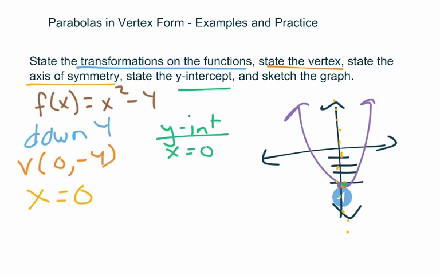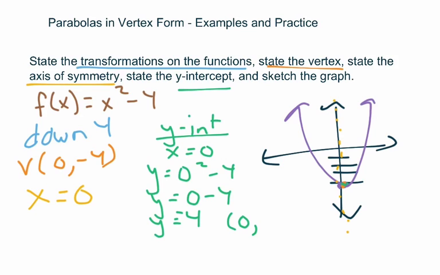The y-intercept, where the parabola is crossing the y-axis, and the vertex are the same point. So you can do this where you plug in the 0 for x, and you do 0 squared is 0, and 0 minus 4 is -4. So when x is 0, you get y is -4, and then you'll notice that it's the same, so you didn't really need to do that work at all.